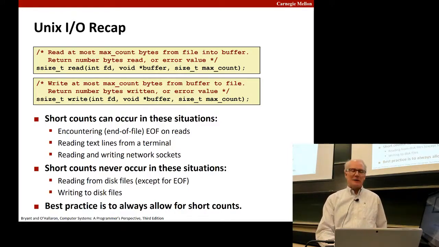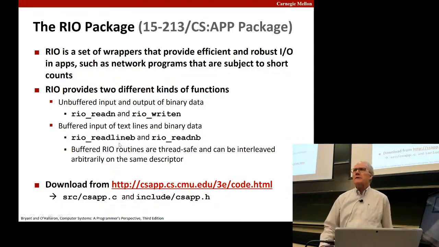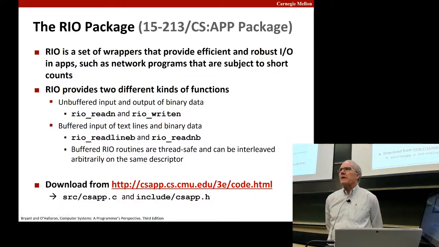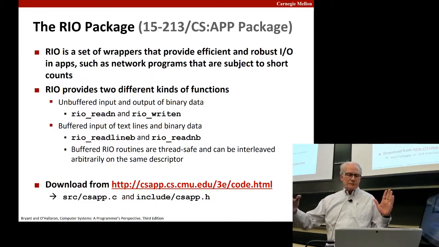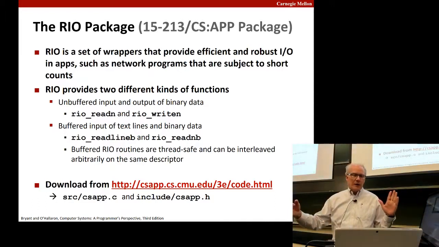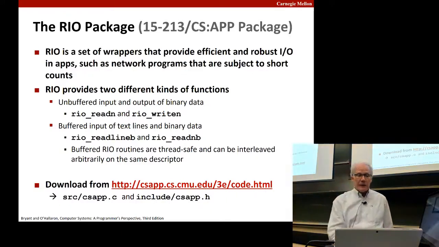And similar for writes, it will just do whatever write you ask. And so those are the read-n and write-n. It also provides a read line, which is sort of like fgets, that you can use to read all the way up to a return, line feed, the end of the line. As a result, it does that using buffering.